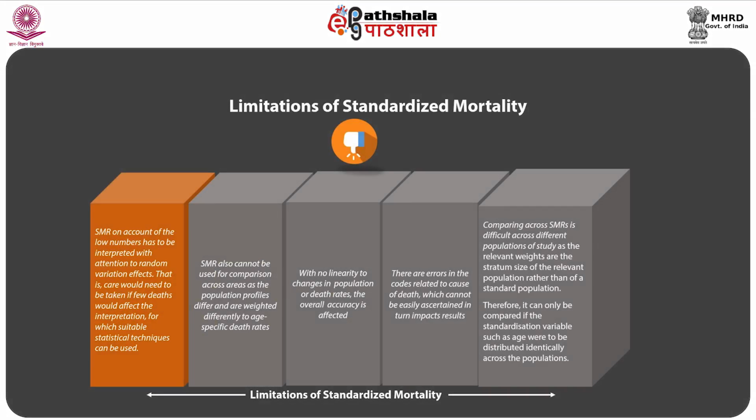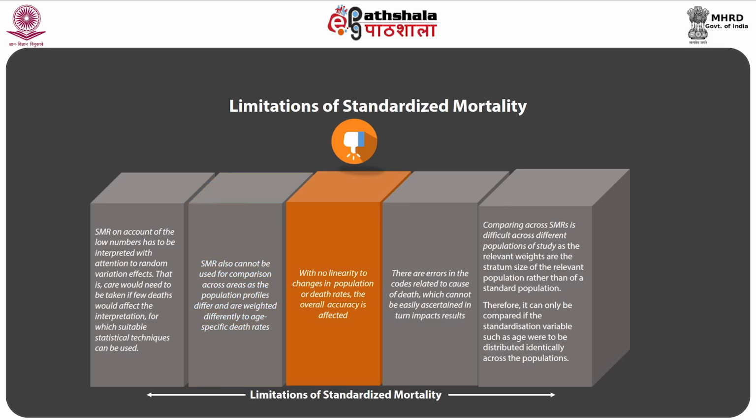Limitations of the SMR. Number 1. The SMR, on account of the low number, has to be interpreted with attention to random variation effects. That is, care would be needed if few deaths would affect the interpretation, for which suitable statistical techniques can be used. Number 2. SMR also cannot be used for comparison across areas as the population profiles differ and are weighted differently to age-specific death rates.